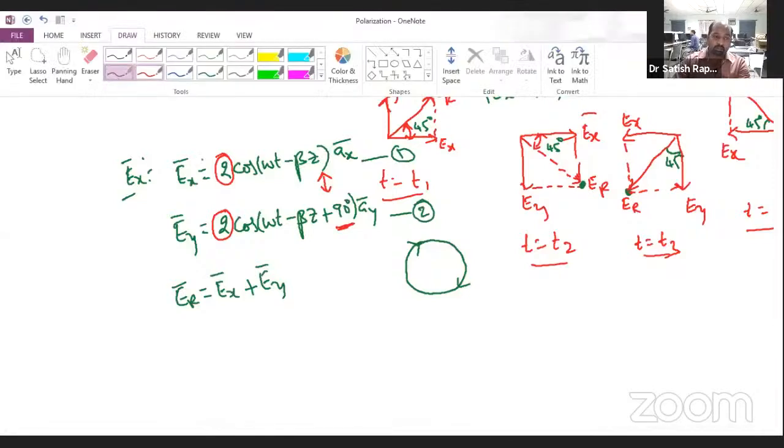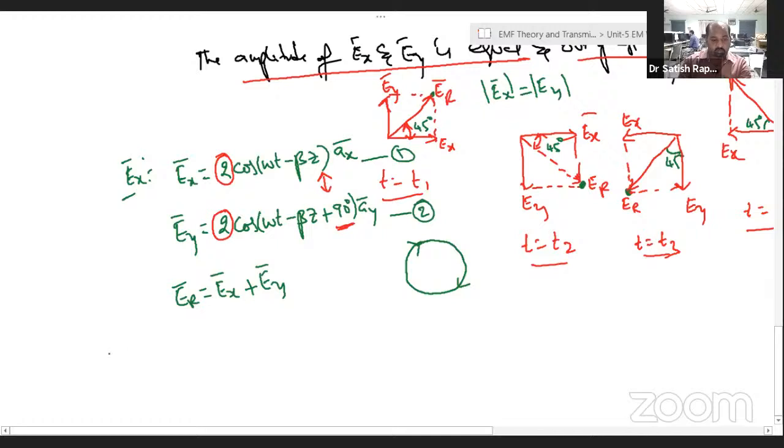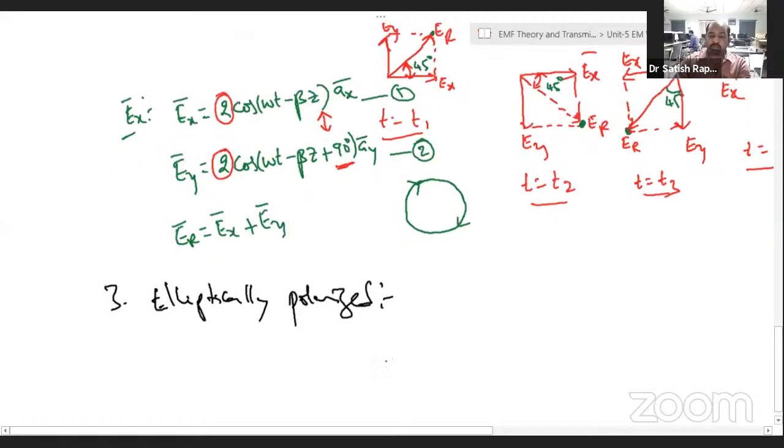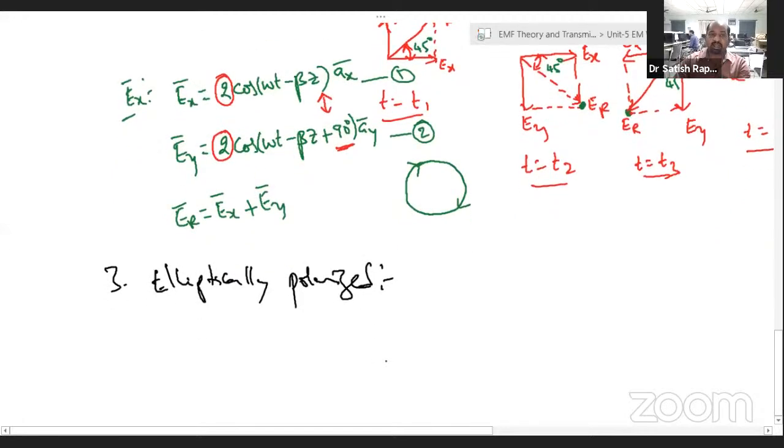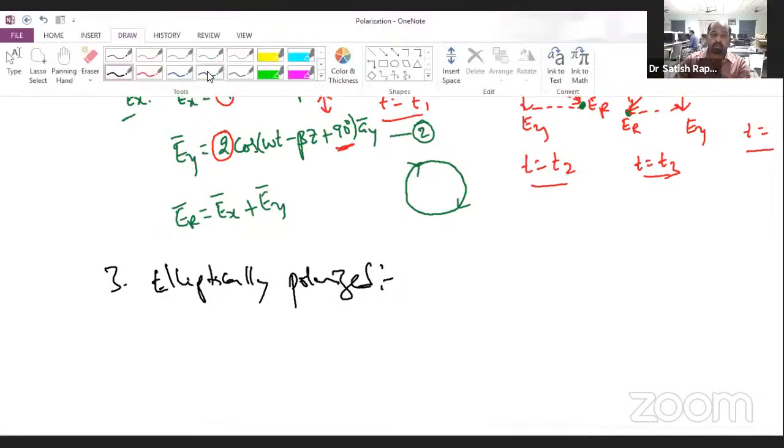Now elliptically polarized, the third one. Elliptically polarized in the sense what? The electric field orientation is an ellipse, right?